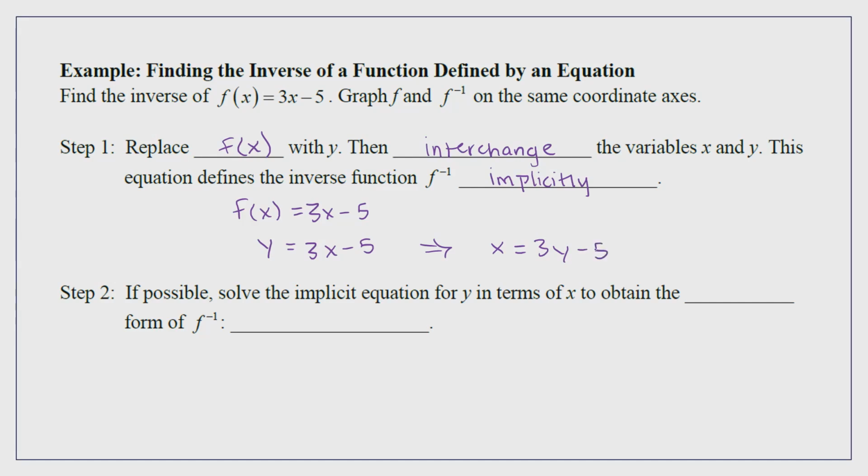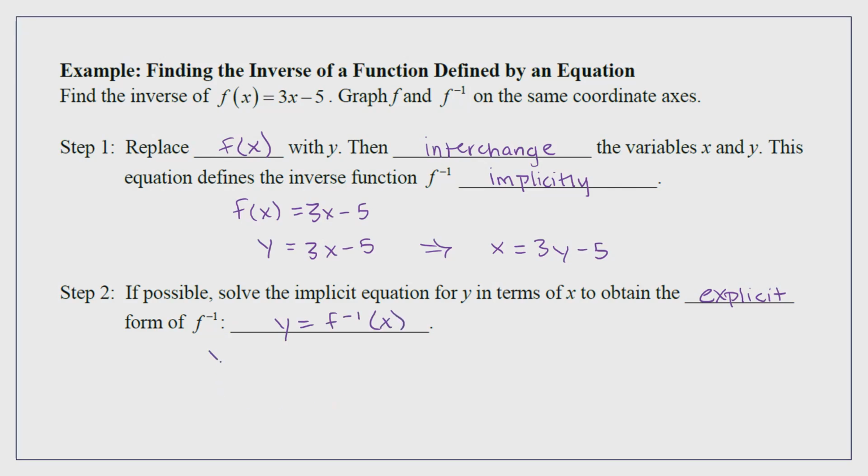So this is the inverse function implicitly. So step 2 says, if possible, solve the implicit equation for y in terms of x to obtain the explicit form of the inverse function of f, which is y equals the inverse function of f of x.